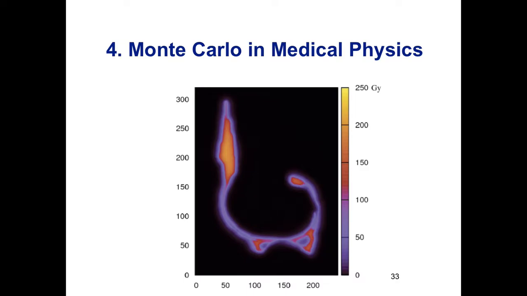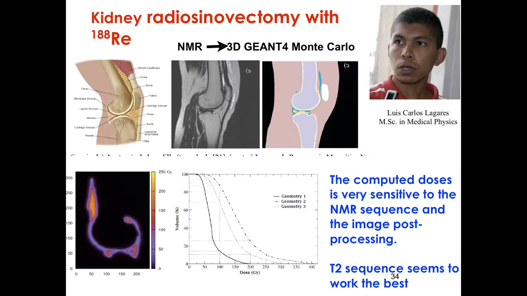Fourth and last, we have used Monte Carlo to simulate radiation in medical physics. One of these works, for instance, was to simulate the kidney radiosynovectomy by using rhenium-188, and that was done by Luis Carlos Lagares, using NMR images together with GEANT4 to compute the doses.